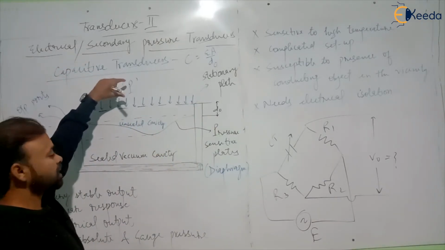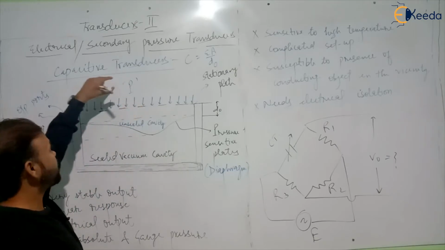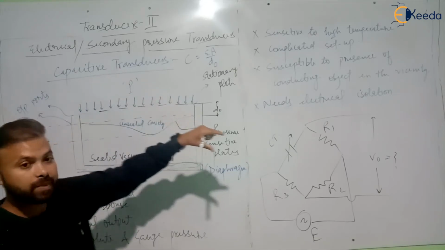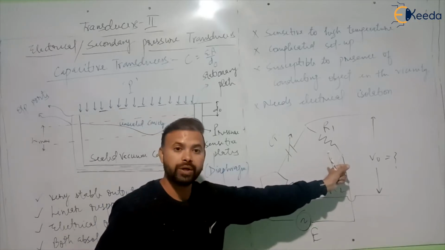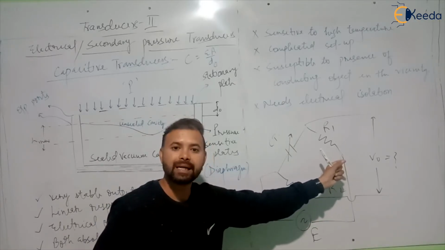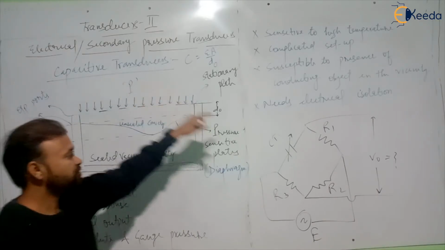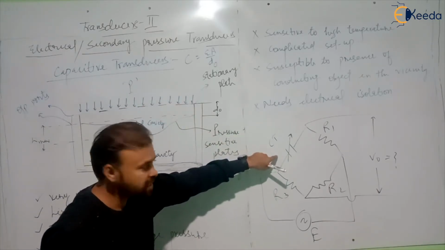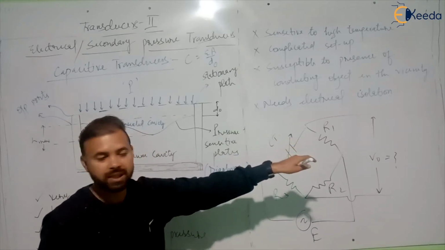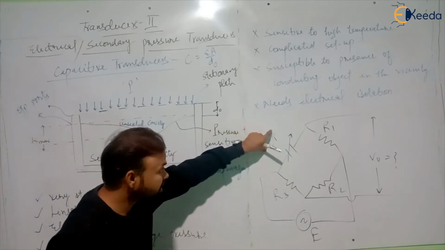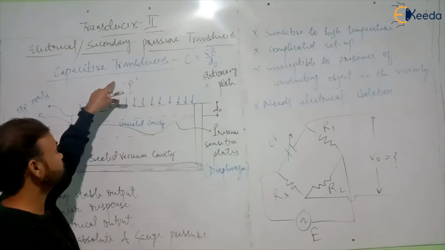Upon changing pressure, pressure can be directly calibrated to measure voltage, or voltage can be directly calibrated in terms of pressure, because if capacitance value is getting changed, your output voltage will be changed. And how is the capacitance getting changed? By the application of pressure.